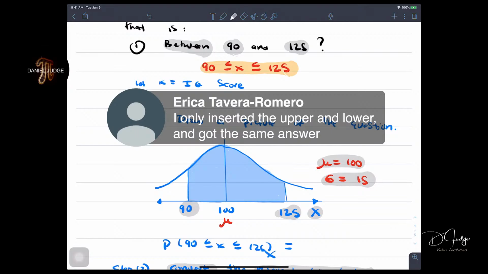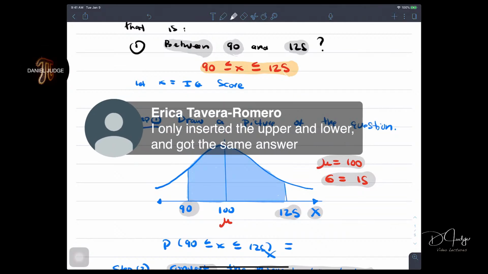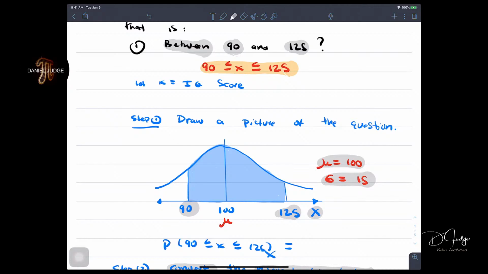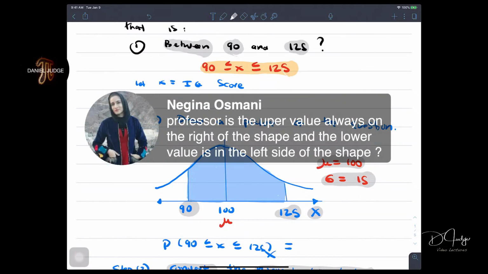So I only inserted the upper and lower value, and I got the same answer. Well, take a look at mu. The mu had to have been 0, and sigma had to be 1 in this example. So it looks like they want you to, let's just go get the z values. The upper value is on the right.